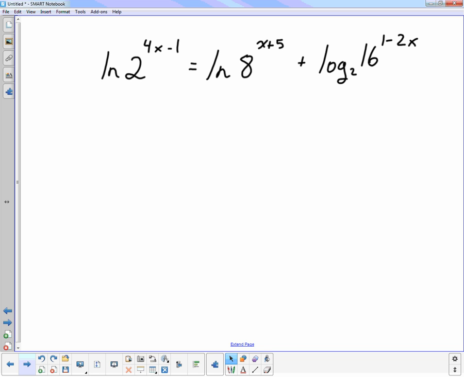Now, I'll tell you one thing that I did when I first looked at this: I said, oh, I can immediately take those exponents down. You could bring that 4x minus 1 and make it a coefficient, and make that x plus 5 a coefficient, and so on. You could do that. But would it help you? In fact, it causes me a little bit of strife because it means that I can't combine my like terms very well. But I admit, I went down that road.